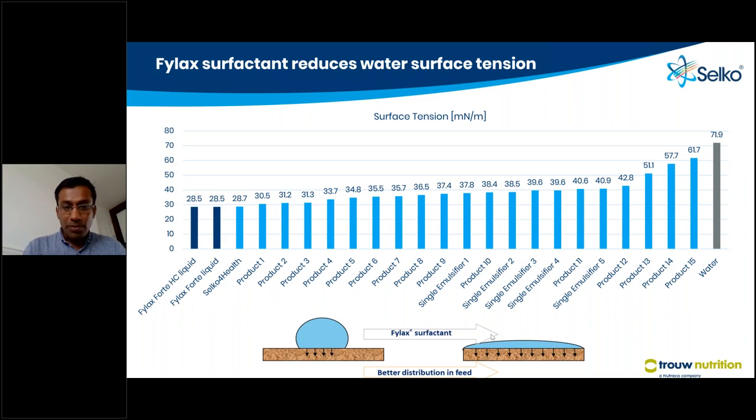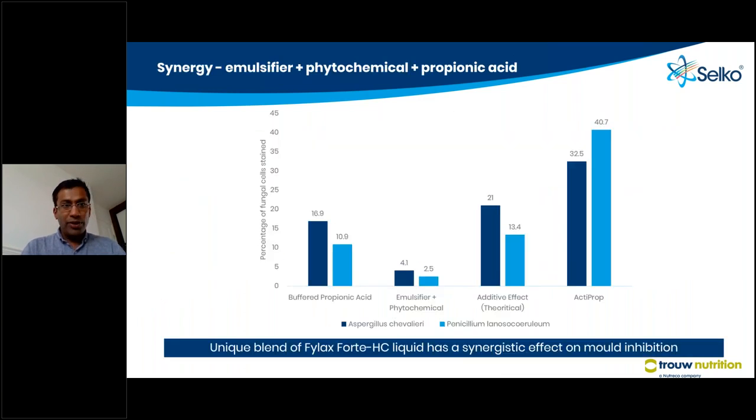Next part: we have tested this, we just don't come up with something. There is long research behind it. We compared the effectiveness of pure buffered propionic acid and buffered emulsifier with phytochemicals in addition, and also the additive effect.